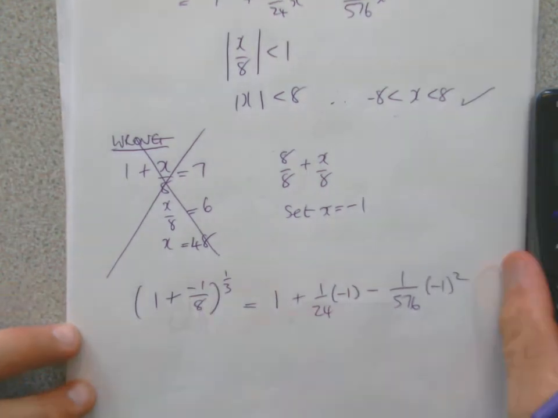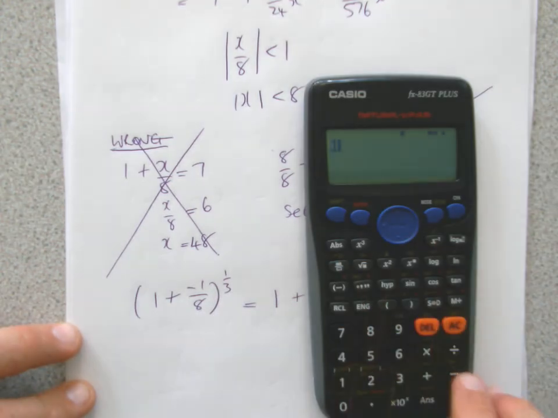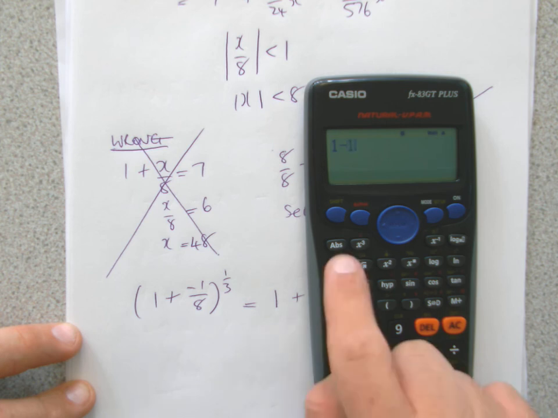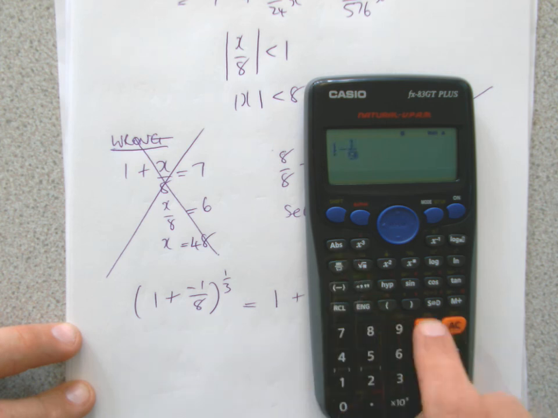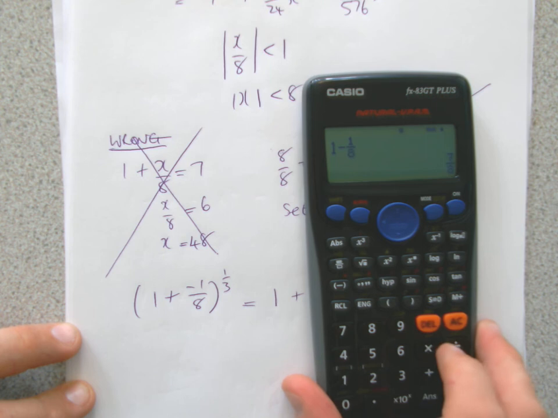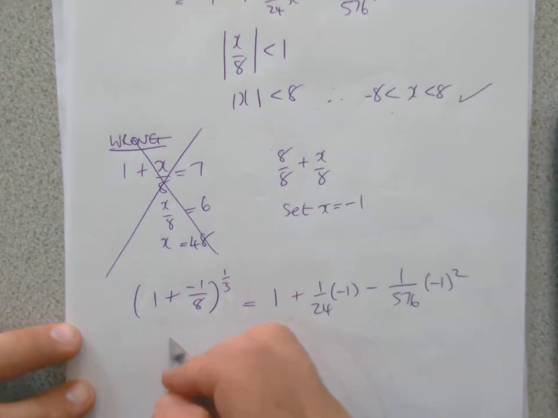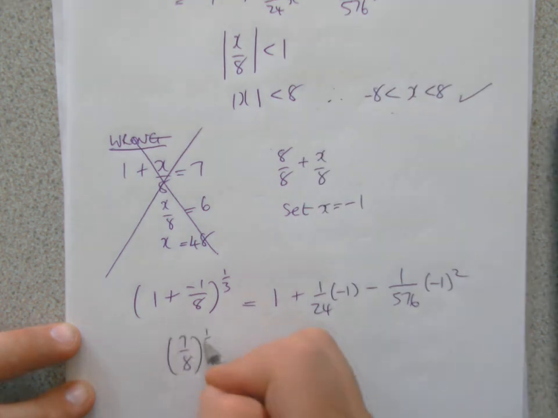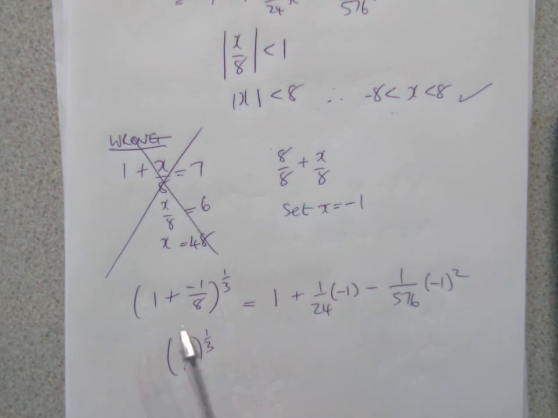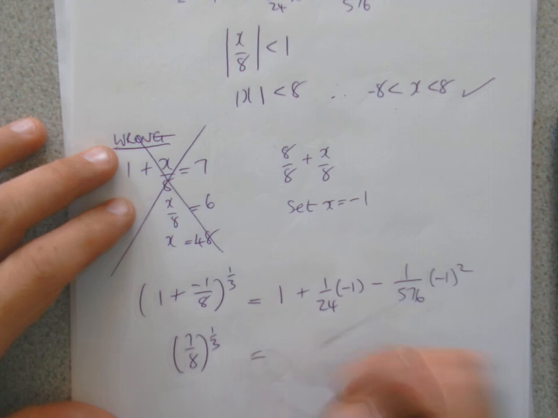And you could use a calculator if you want, but 1 take away an 8 from 7/8 as we saw earlier. It was a bit mean that they didn't tell us what x would be, usually they do in the exam. But this is a method you could use, just looking at how we can get to a 7 in there. By setting x to be minus 1, we end up having 7/8, and that's okay.